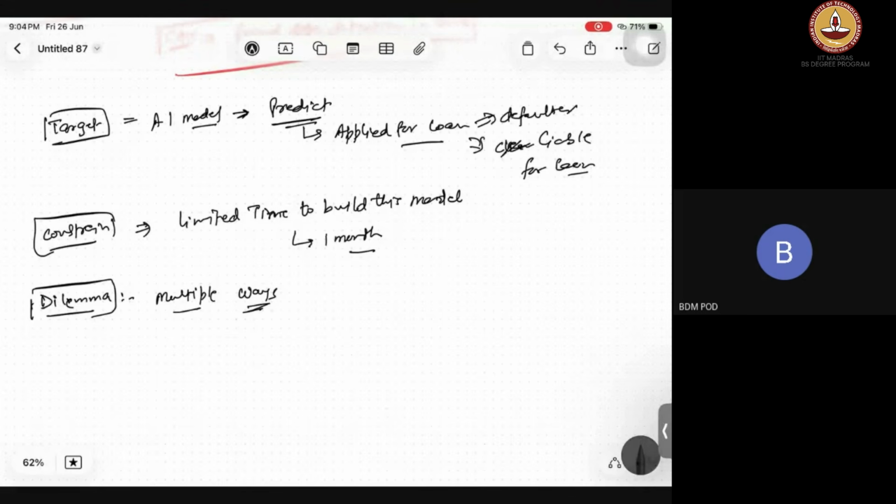So you have multiple pathways to address this problem. But which path do you need to follow, which can satisfy this constraint and this target? Then that you need to identify.